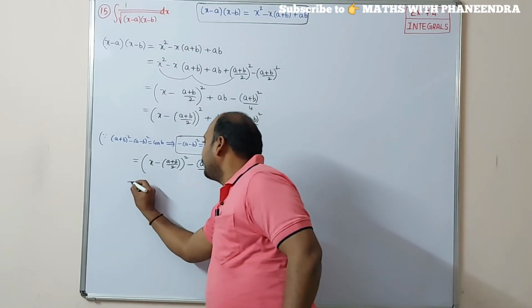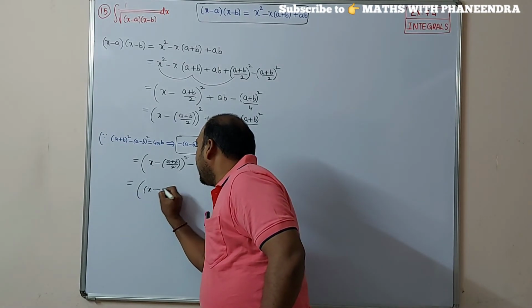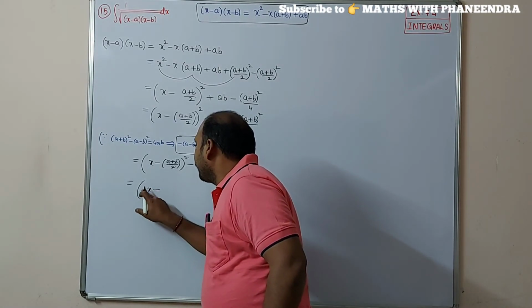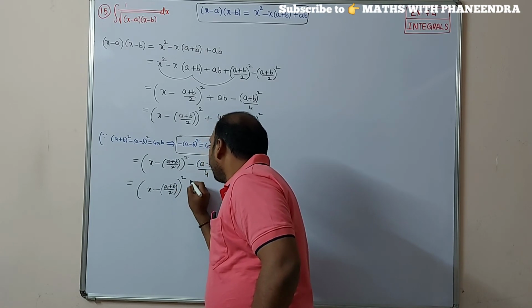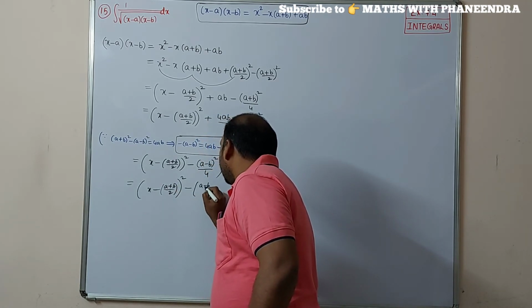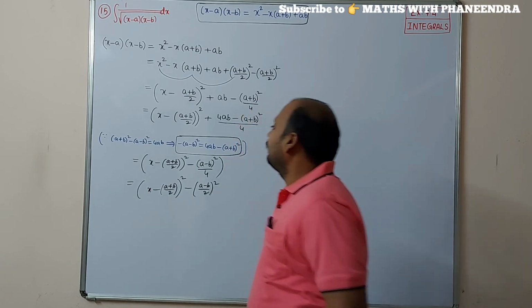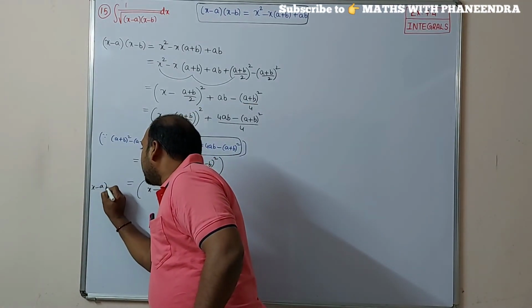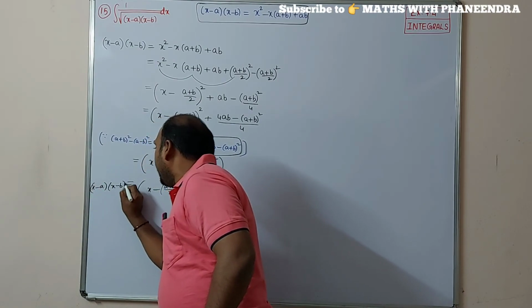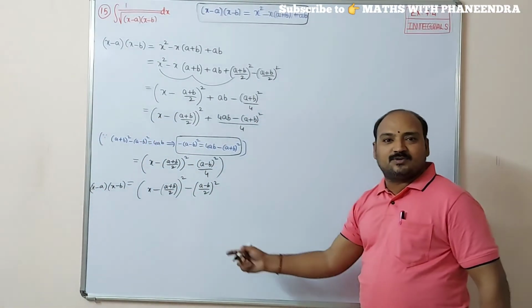So we get (x minus (a plus b)/2) whole square minus ((a minus b)/2) whole square. So now (x minus a) into (x minus b) can be expressed as this one.